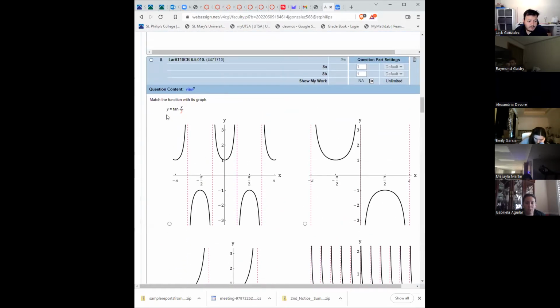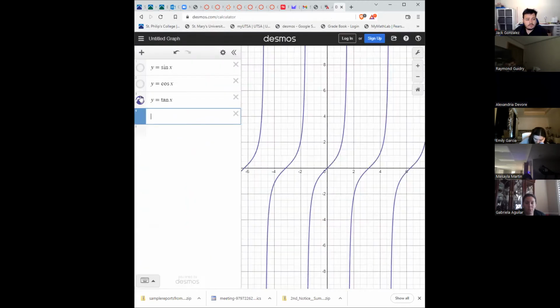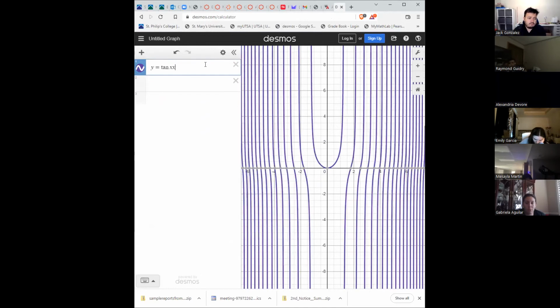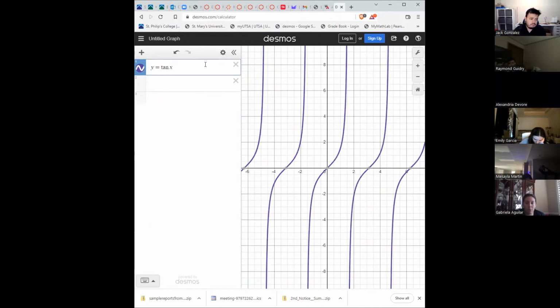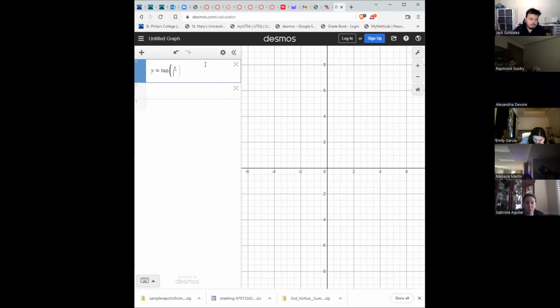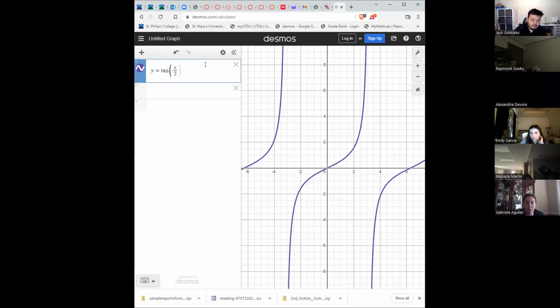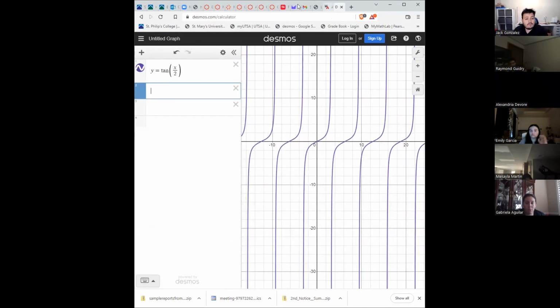So you can see number 8, they want you to graph tangent x over 2. So all I want you to do is come over here. Which graph is it?